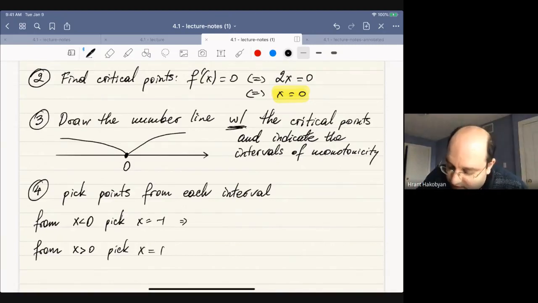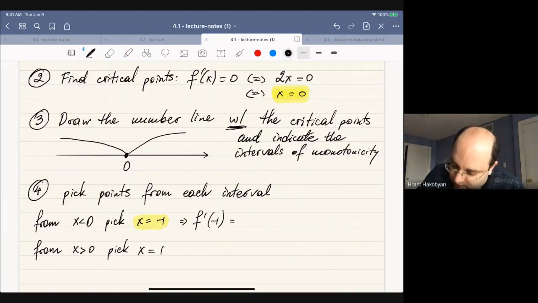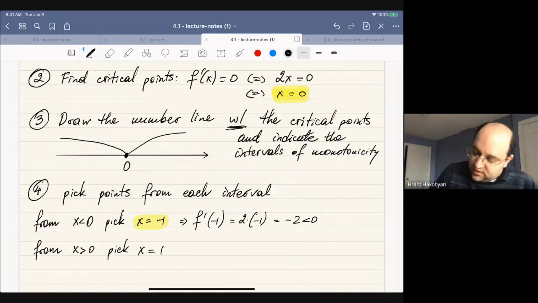So I have f prime at -1. That's equal to 2 times -1, because the derivative was 2x. So it's -2, which is less than 0, so it's negative. I'm going to write negative here. What does that mean? That means my function is decreasing in this interval.